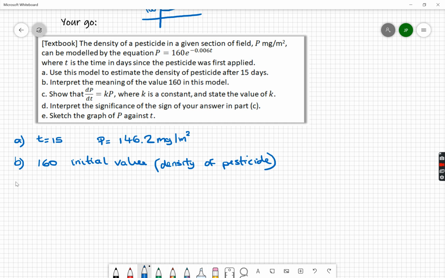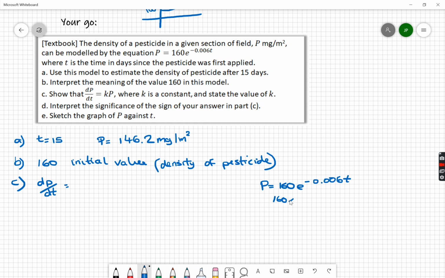Okay, part C. Show that dP/dt equals kP, where k is a constant. Okay, so I'm asked to do my differential. You have to do the same thing as the last question, it's just in a slightly different model. So it's telling you you've got to differentiate it now. I've got P is 160 e to the minus 0.006t. So remember, e to the kt becomes ke to the kt.